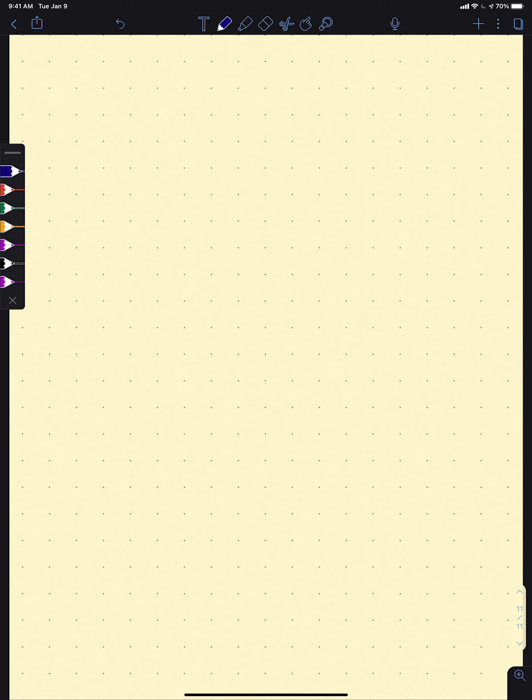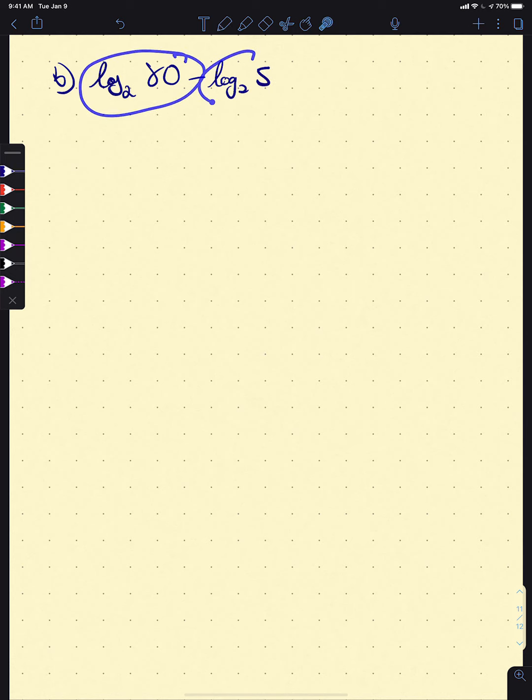Let's do one more of these evaluation ones. Let's say log base 2 of 80 minus log base 2 of 5, right? Once again, we're stuck with evaluating each of these in turn, and we would not be able to get an exact answer.